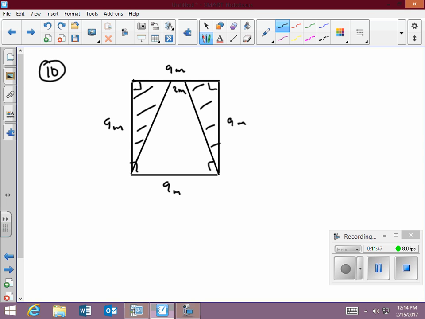Anyone have an idea what the strategy is going to be? The area that's shaded equals, Toby said area of the square, so that'd be right. That'd be where you'd start. I don't have any clue on how to find the area.